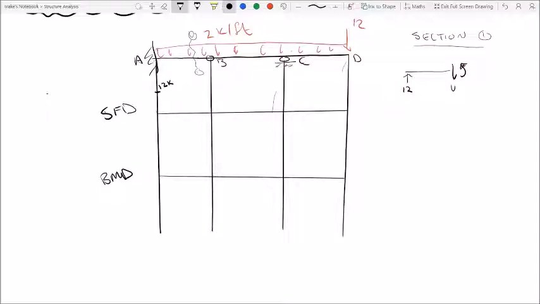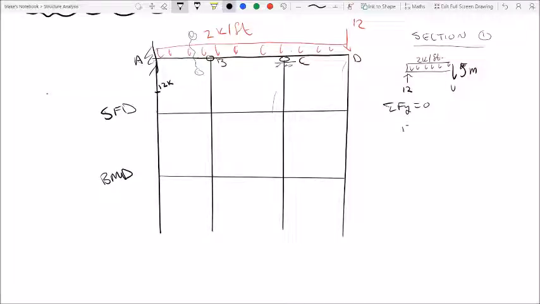I'm just going to do counterclockwise because it's positive for our moment at that section. Now we've got our distributed load, 2 kip per foot. So to get our shear force equation, we want to sum forces in the y equal to 0.